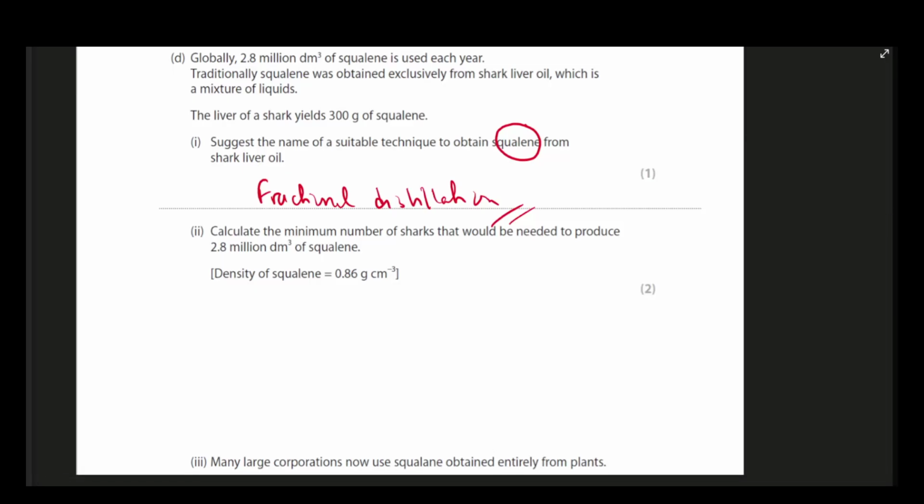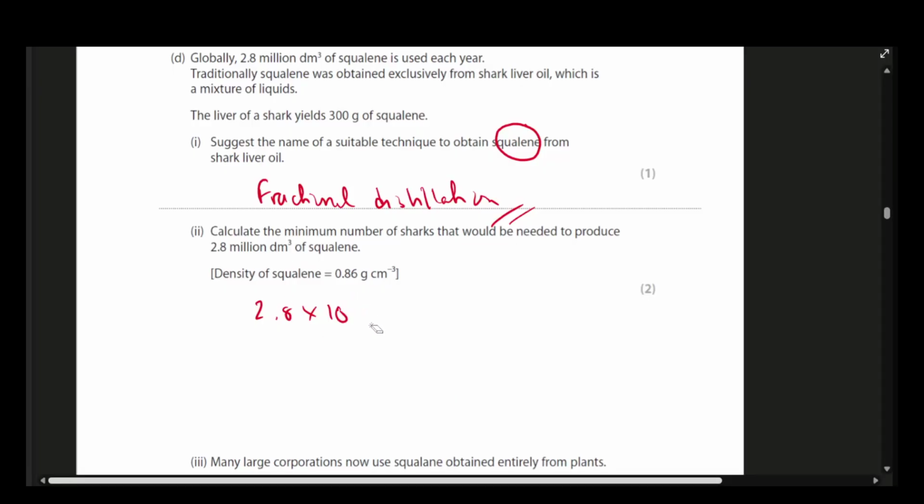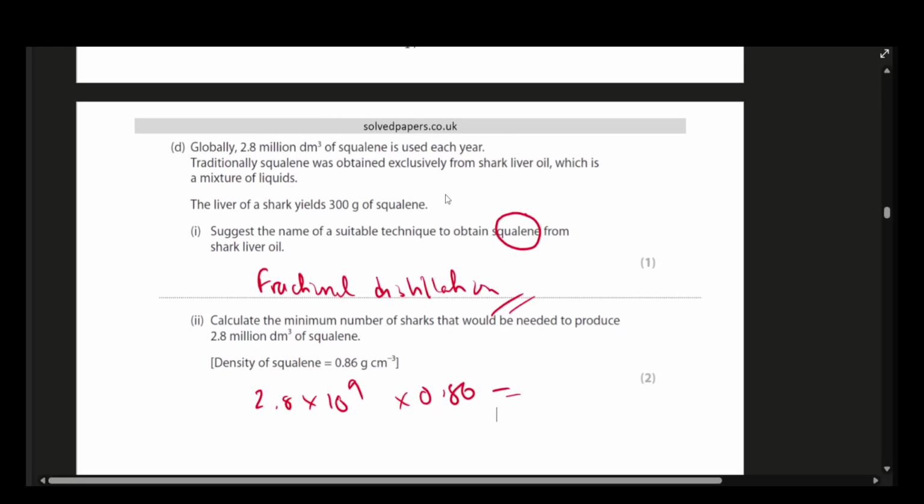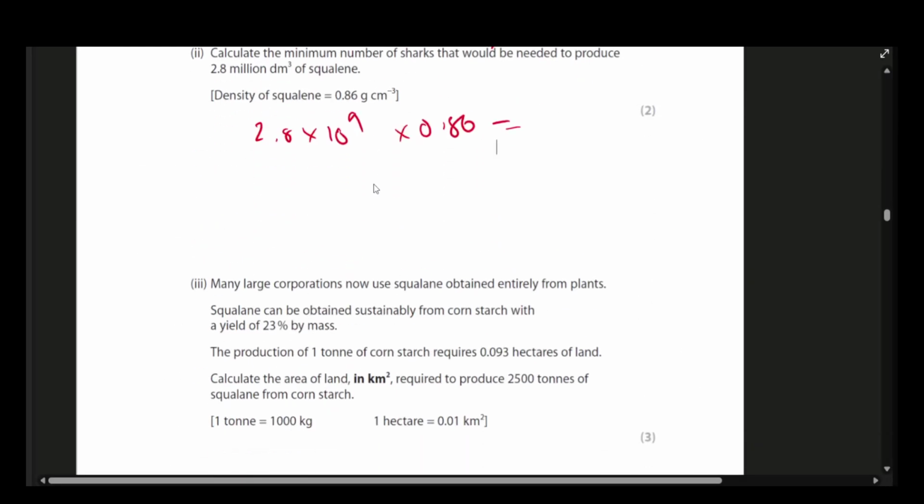Now we can see that we need to produce 2.8 million dm³ of squalene. Let us first calculate the mass of squalene in 2.8 million dm³. So you multiply 2.8 times 10 to the power 9, since it's million, times 0.86, the density of squalene.